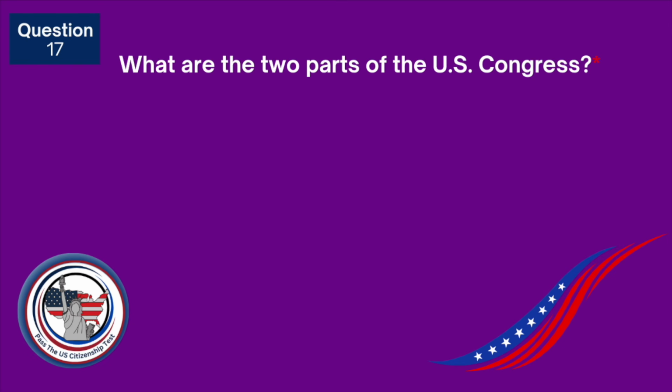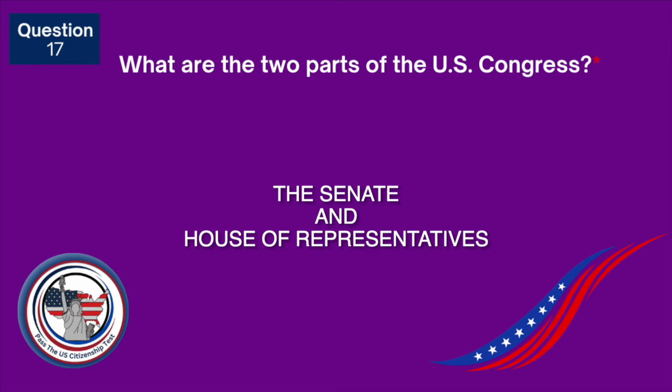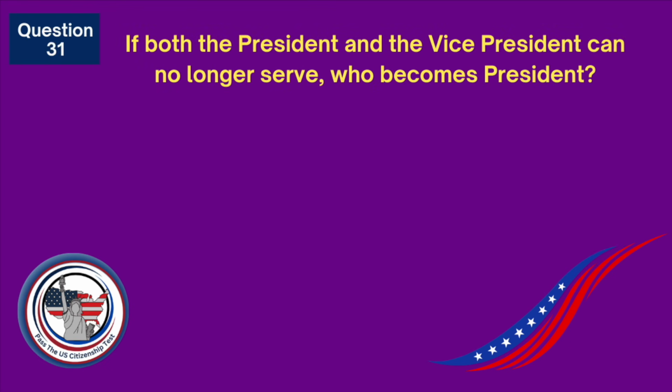What are the two parts of the U.S. Congress? The Senate and House of Representatives. If both the President and the Vice President can no longer serve, who becomes President?